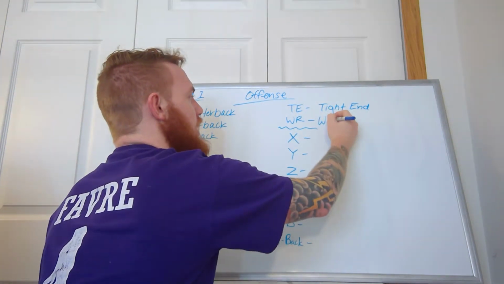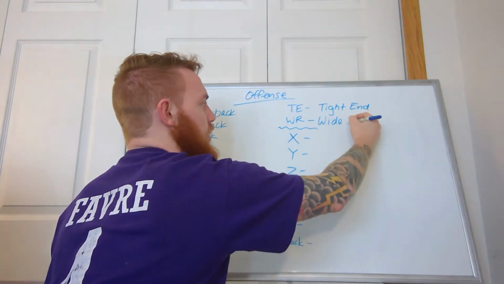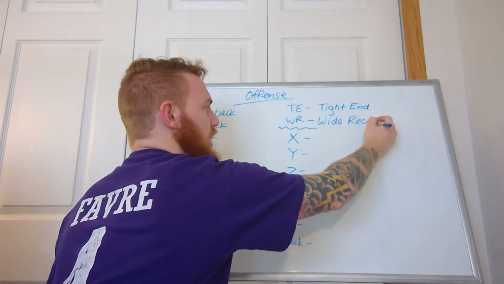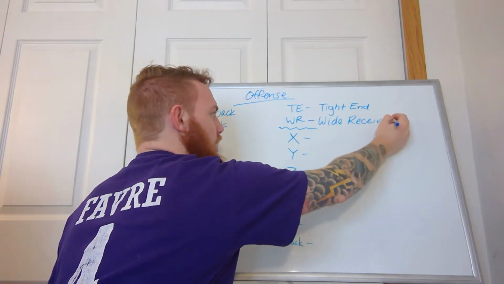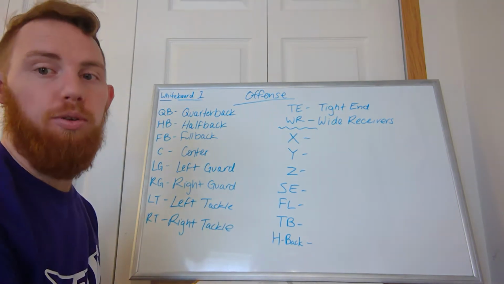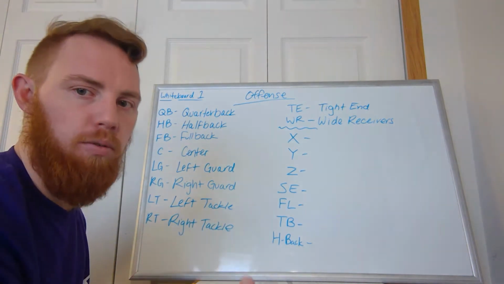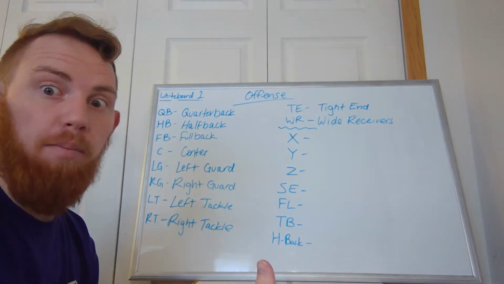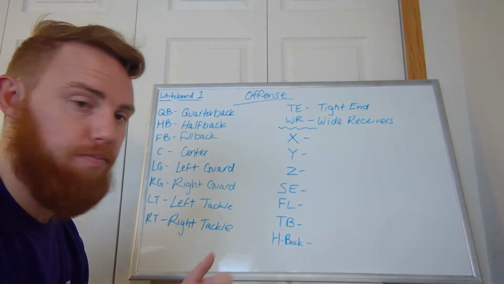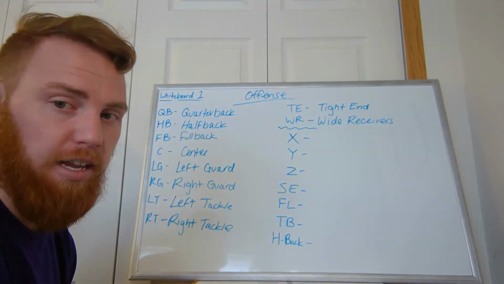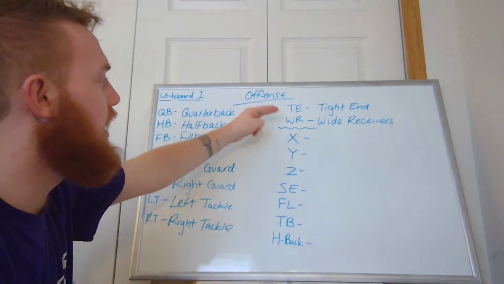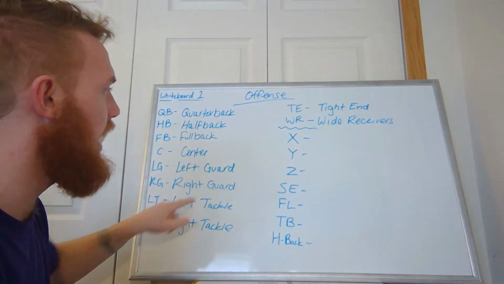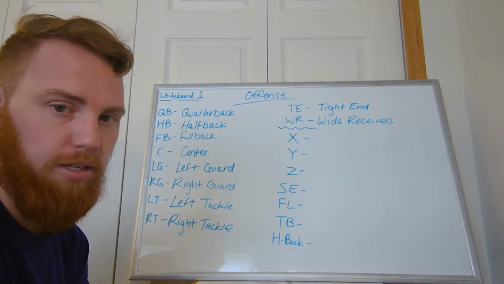Your wide receivers are the guys that are going to catch the ball. Wide receivers are guys like Odell Beckham Jr., Antonio Brown, Julio Jones. If you go back in history, Jerry Rice, Randy Moss, those are wide receivers. Those are your guys that are going to catch passes. Tight end can block, just like these guys, or he can catch, just like a wide receiver.